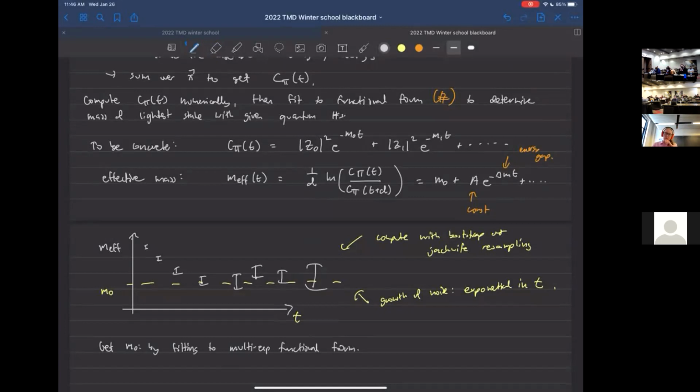Okay, one other thing worth mentioning is if you, instead of doing the naive thing of fitting just the plateau, fit the multi-exponential functional form, of course, you'll also get these parameters, right? You'll get out some constant here, but you'll also be able to get out this energy gap. So that's one way you could try to get out not just the ground state, but the excited states. But it's pretty hard numerically because all of the excited states are exponentially suppressed.